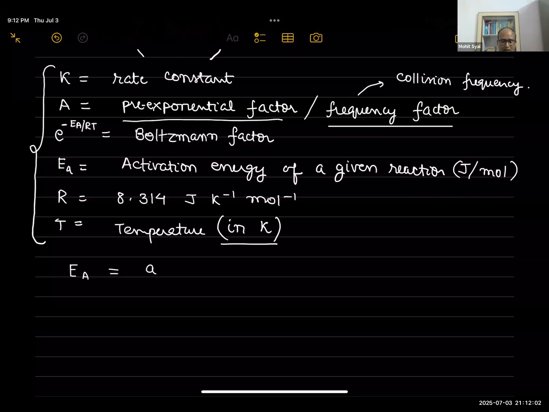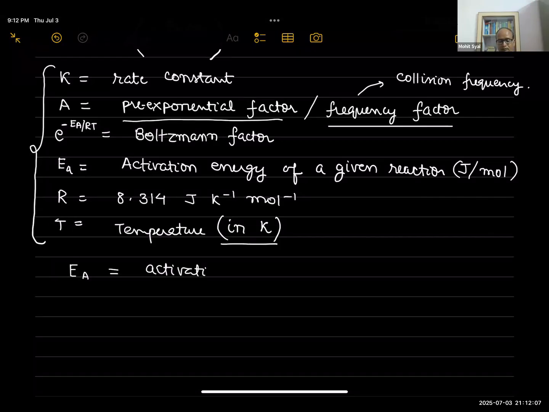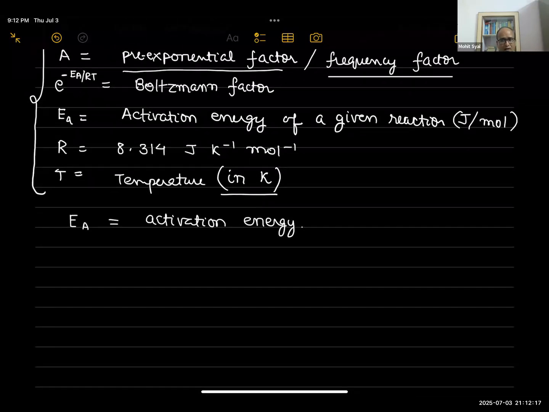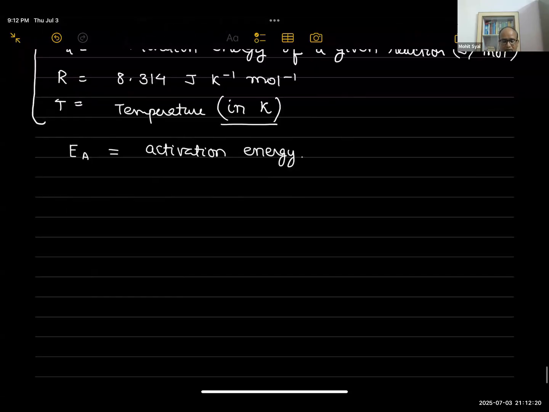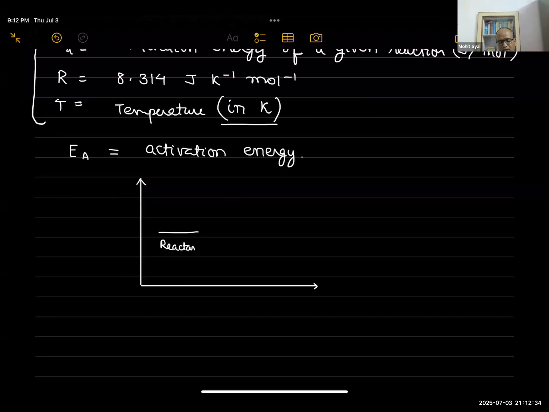How do you define activation energy? You can say the energy required to start a reaction. Extra energy, not the total energy. Suppose I'm drawing the energy profile of a reaction. You start with reactants, and they have certain energy.